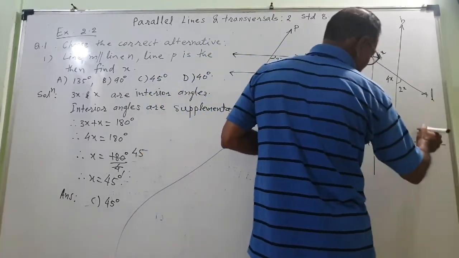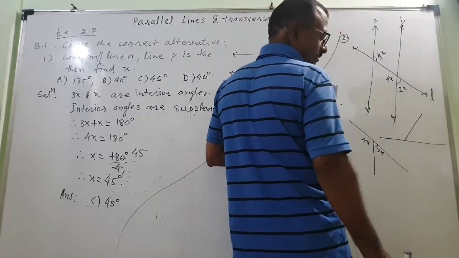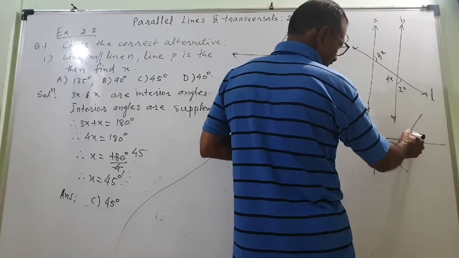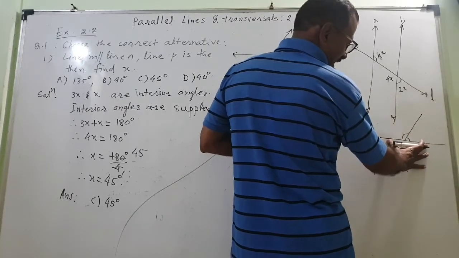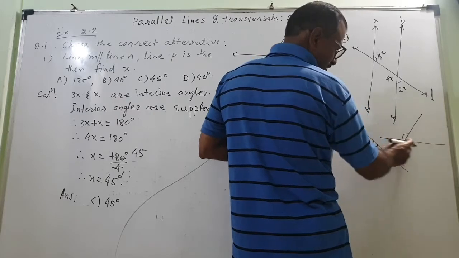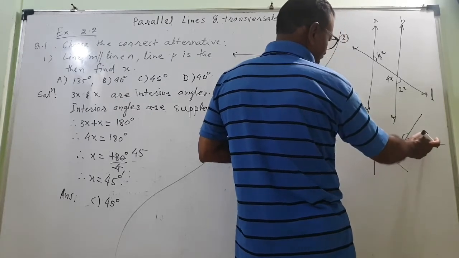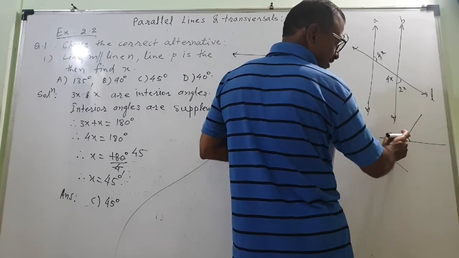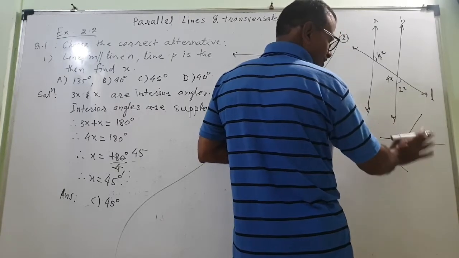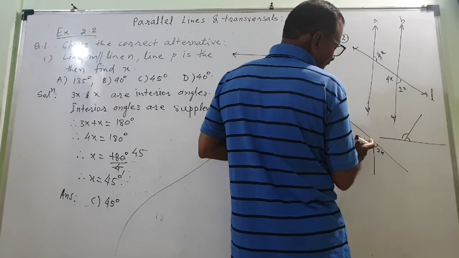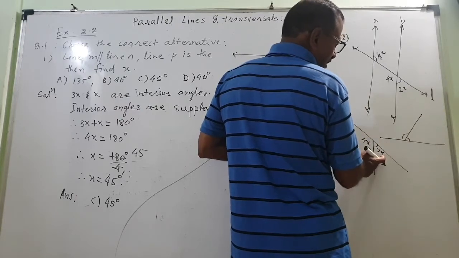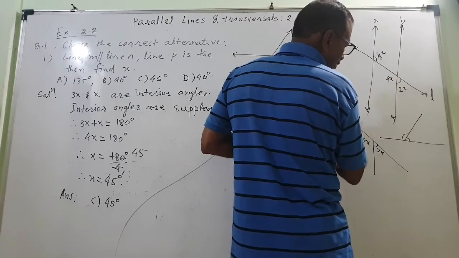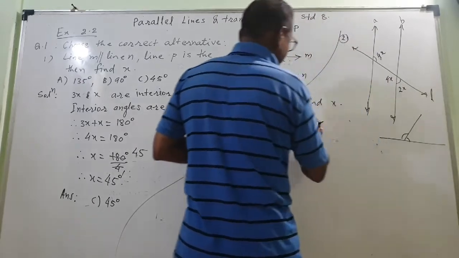If you put the protractor on this line, it will give you 180 degree. That means the sum of these two angles is 180 degree. So these are the linear pair angles. So their sum will be 180 degree.